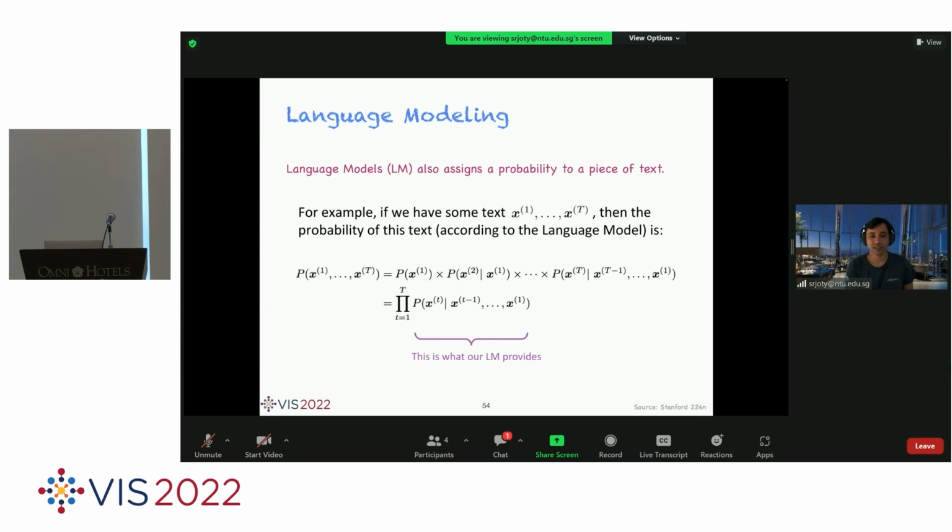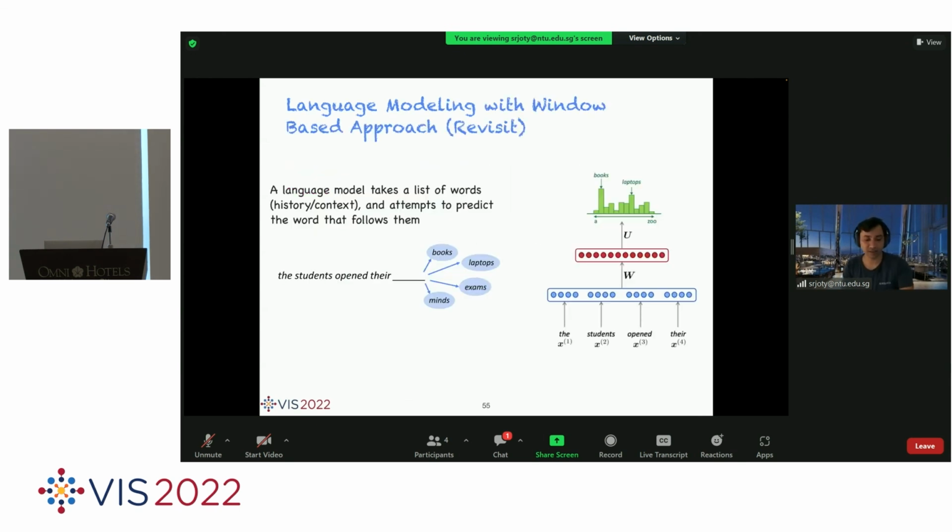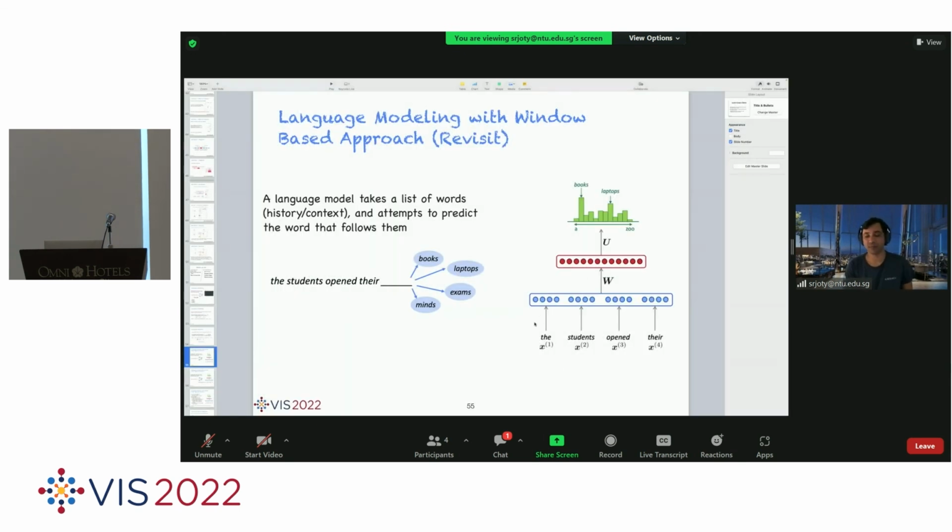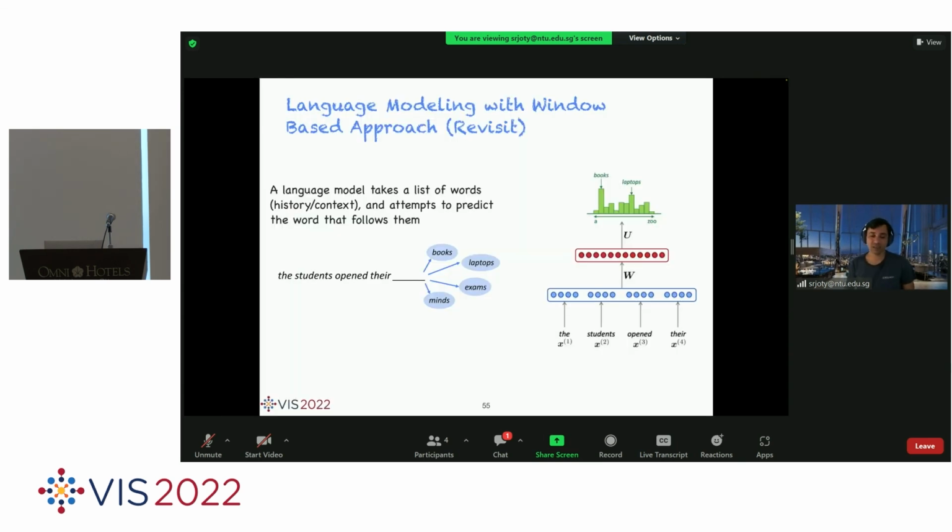Okay, so as I mentioned, this was the first neural language model that was proposed in 2003, which was using mostly a feed-forward neural net. But you could say that this model is limited because it can only take a limited window size, or a limited context.